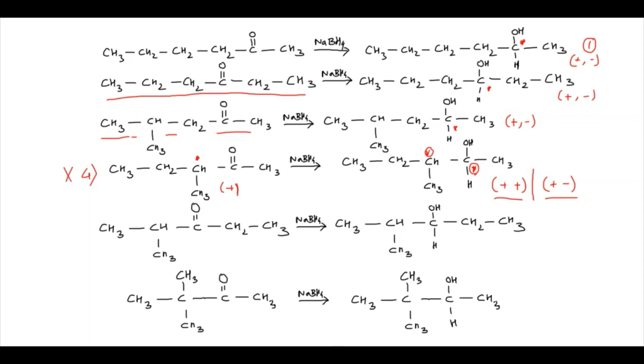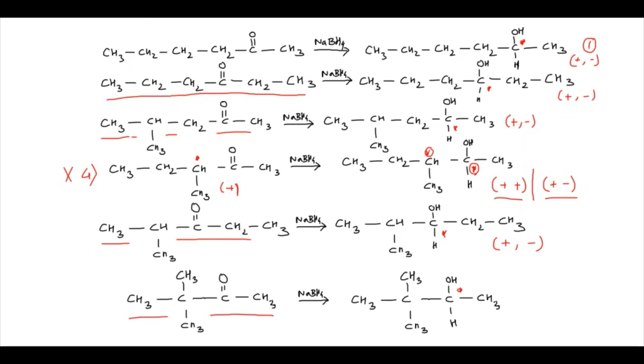If we come to number 5, we can see that there is no chiral center in the beginning, but after the reaction a new chiral center is formed. Hence 2 different enantiomers will form in the same amount. That means a plus minus mixture, racemization will occur. In the last case also we don't have any chiral center in the beginning, but after the reaction with sodium borohydride we get a new chiral center.